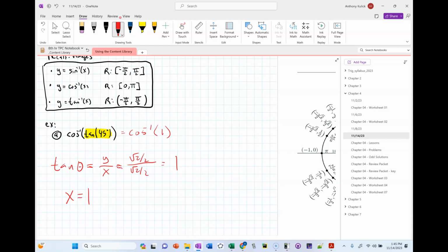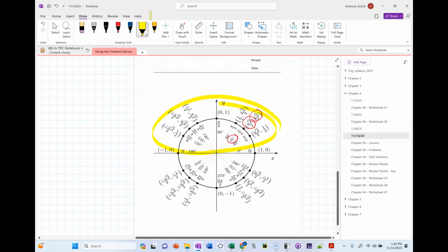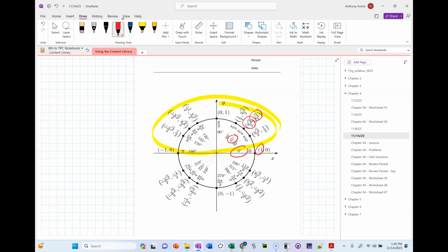Over what interval? Because it's cosine, I'm going to be looking at from 0 to pi, excuse me. Everybody's okay? So I go over to my unit circle. 0 to pi is here. I'm looking for where x is 1, right there, 0.